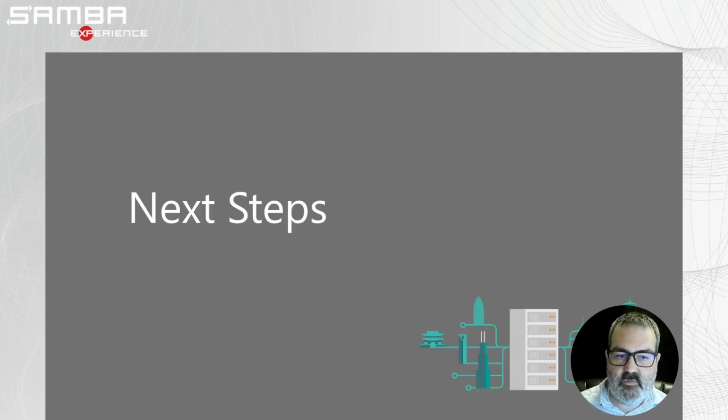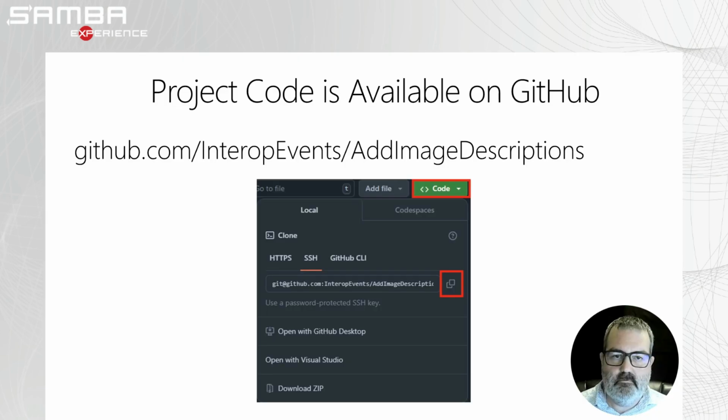So, what are the next steps if you're interested in learning more about Azure AI or the SDK? If you're interested in building or extending the application we created today, the code is available on GitHub at github.com/interopevents/add-image-descriptions.